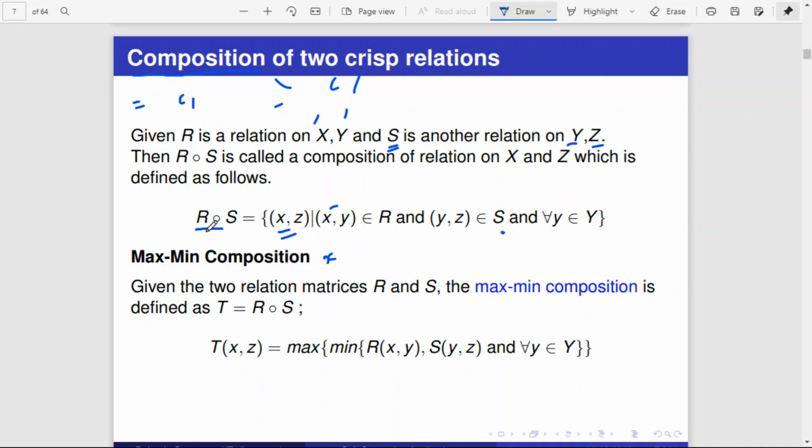Then this composition can be easily calculated mathematically by using a technique called max min composition.